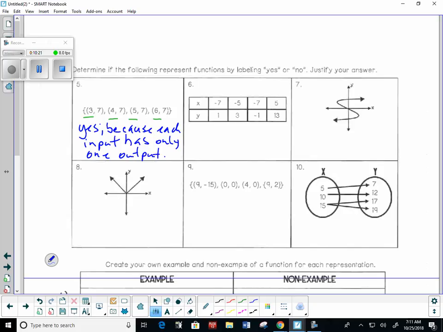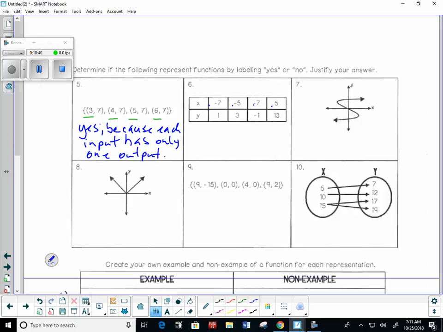Okay? Next one. Okay, you're going to use the rules that we had on the previous page, guys. So we're going to look to see if each input represents only one output. So we're looking here, and now remember, is a -5 the same as a 5? And the answer is no, isn't it?